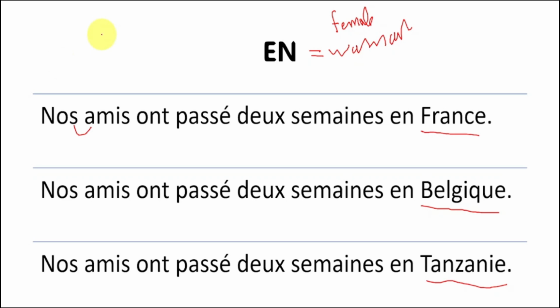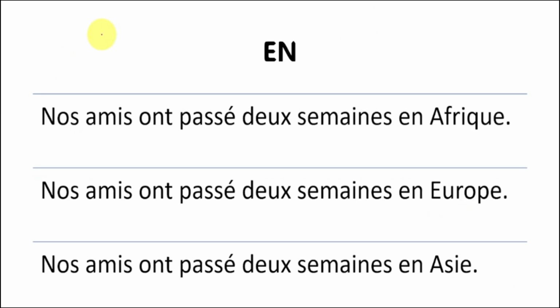Okay? So, we come here. Nos amis ont passé 2 semaines en Afrique. Nos amis ont passé 2 semaines en Europe. Nos amis ont passé 2 semaines en Asie. Okay? I linked it.